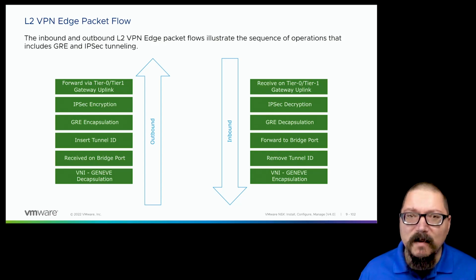And we can look at our packet processing and kind of see some of that, where we can see, as traffic comes into the edge and goes to the bridge port that's going to be instantiated for this to happen, we're going to do some GRE encapsulation, we're going to do some IPsec encryption and so on. And so we can kind of see the flow, the layer 2 VPN flow in and out of an NSX gateway, ultimately.